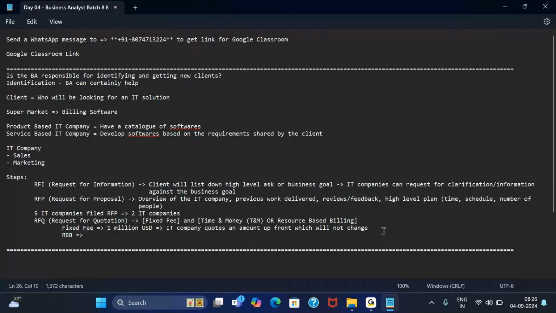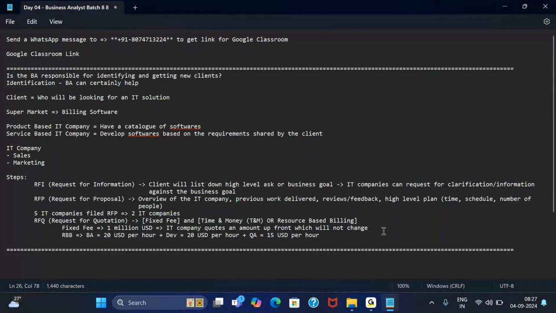So let's say if I have a BA, for BA I will charge you 20 US dollar per hour. Then if I have a developer, for developer I will charge you, let's say, again $20 per hour. Then if I have any tester or QA, for that I'll charge you, let's say, $15 per hour.